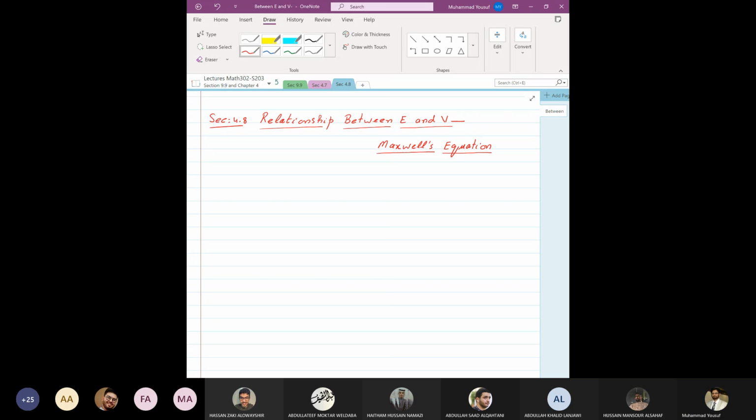Okay. Potential difference between two points A, B is independent of path.